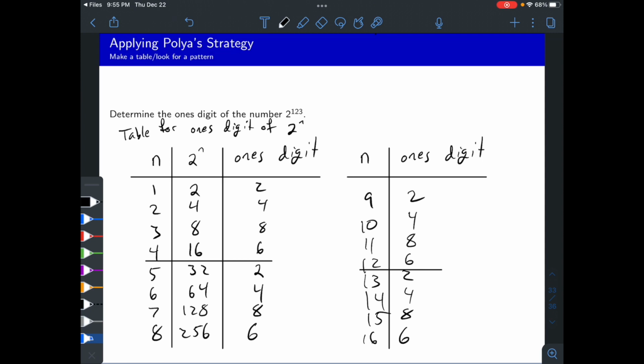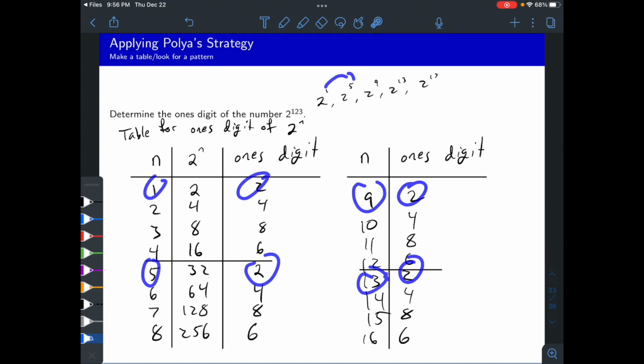Okay, so if I were to do 2 to the 1, 2 to the 5th, 2 to the 9th, 2 to the 13th, 2 to the 17th, these numbers are all going to have the same ones digit, because I'm increasing my power by 4, and I'm repeating the ones digit every 4.